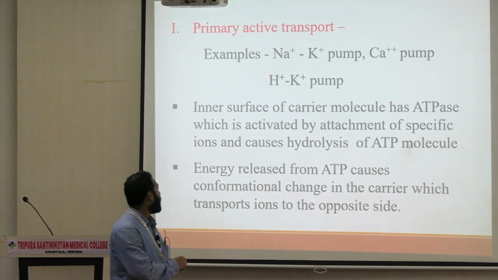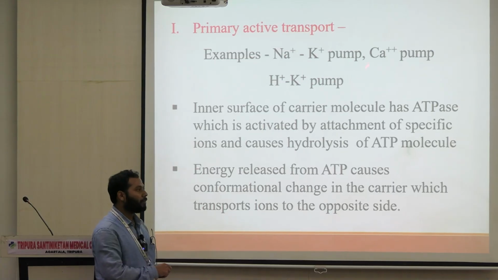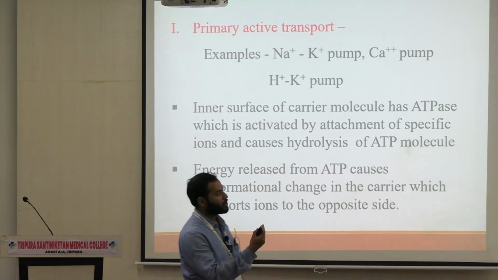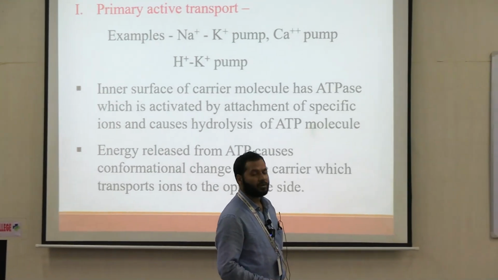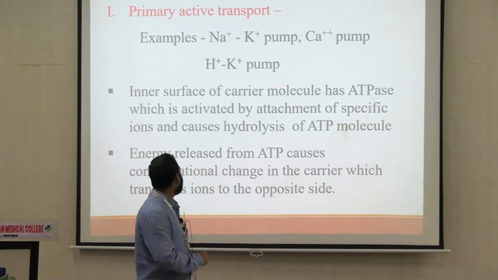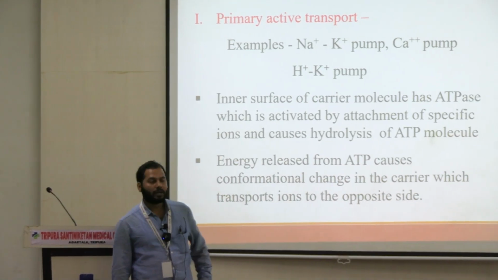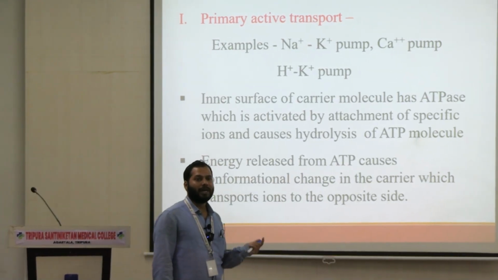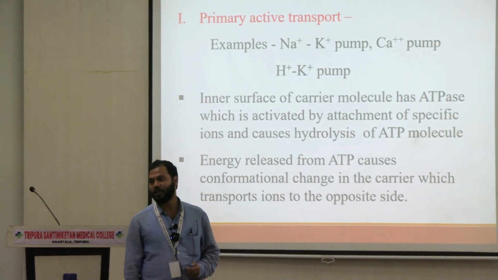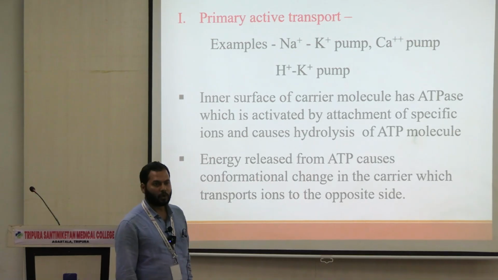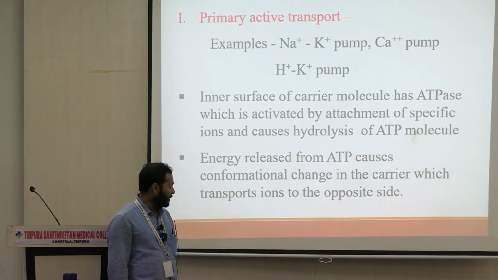Similar to that, the hydrogen ion or proton-potassium pump is again another important pump that is used for the transfer of both proton and potassium ion across the cell membrane.